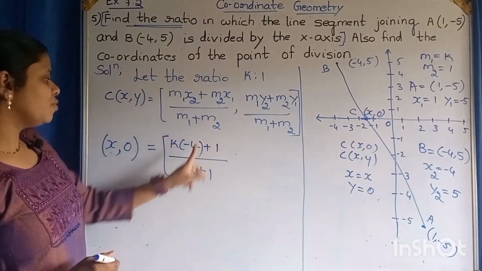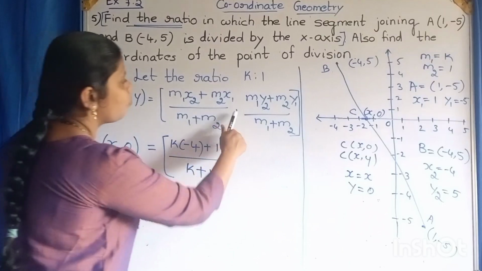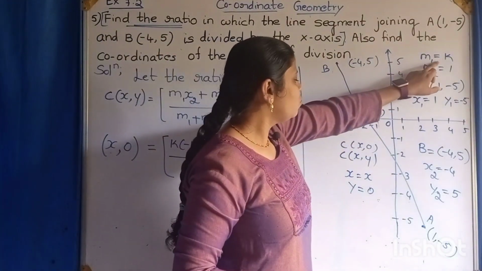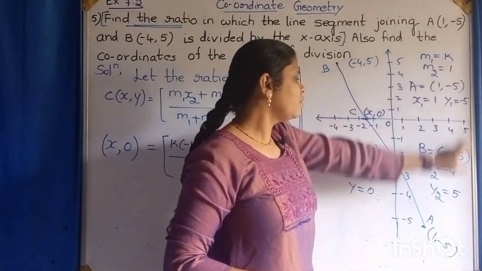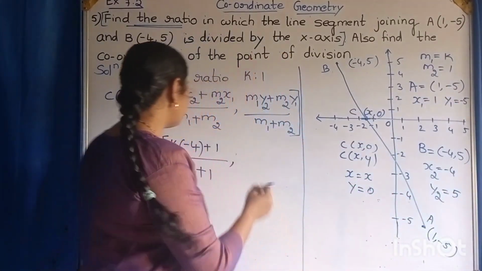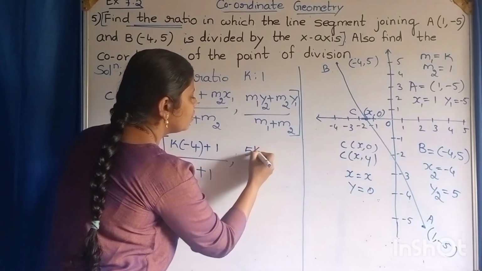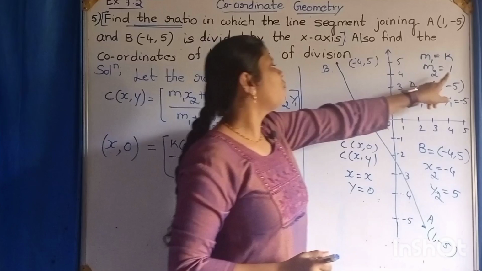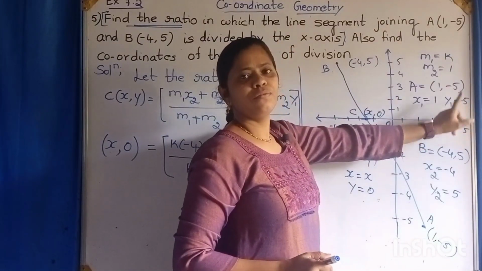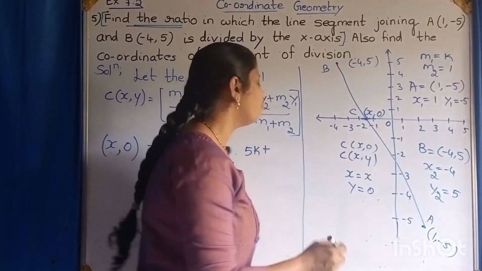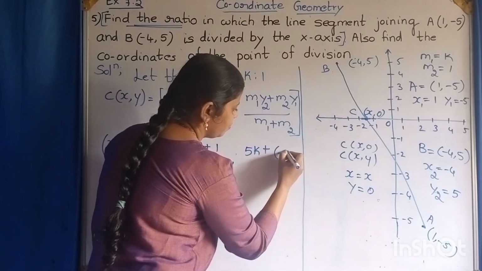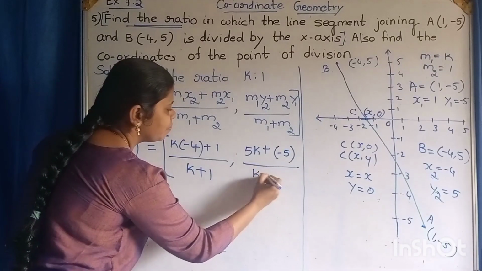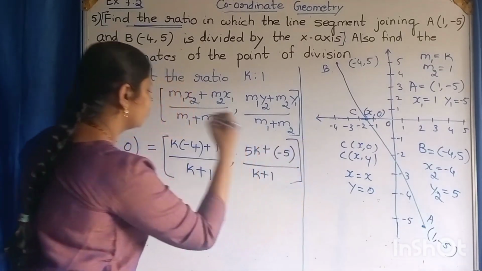Comma, m1 into y2, that is k into 5, that is 5k, plus m2 into y1, that is 1 into -5, which is -5, divided by k plus 1.